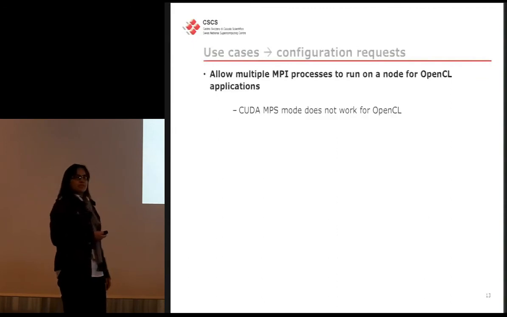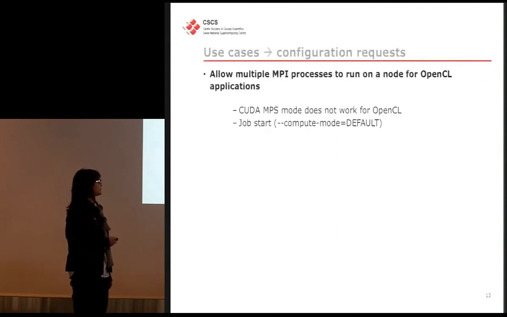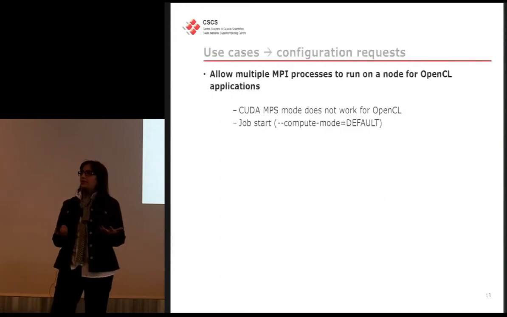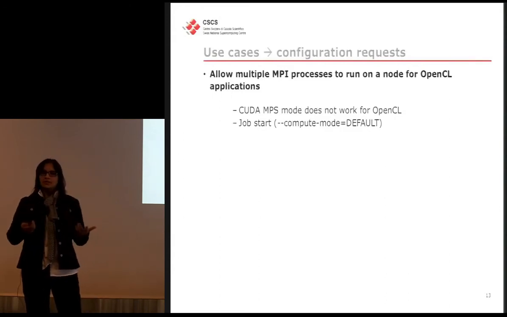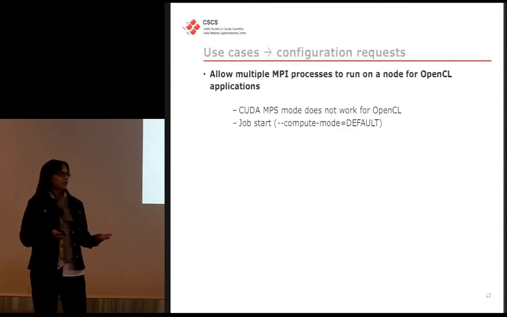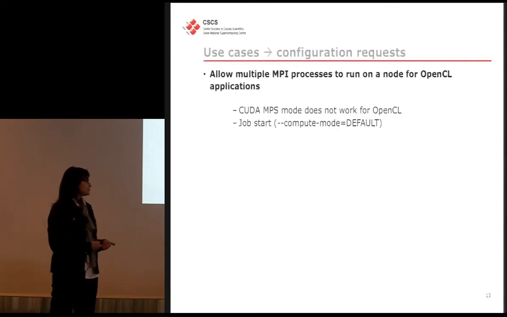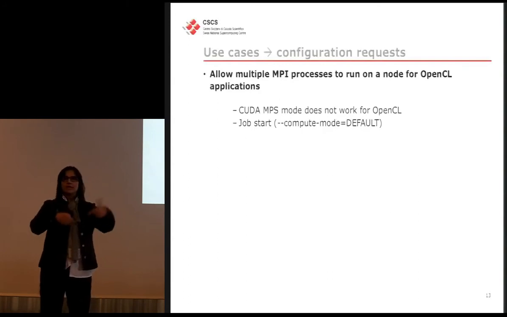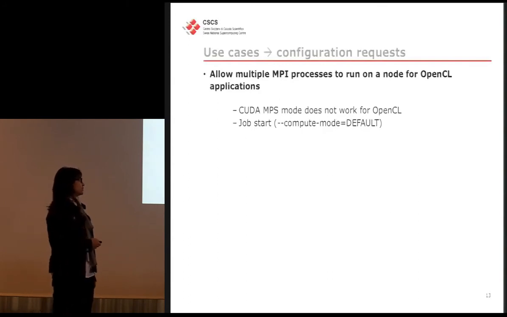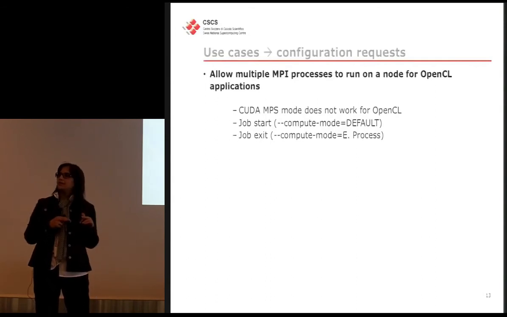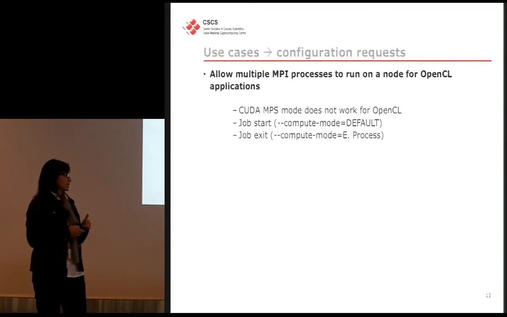But of course it works for CUDA, not for OpenCL. So we said, okay, we have to solve the problem in such a way that when the user starts their job on the node, it changes the mode from exclusive process to default, meaning that multiple MPIs can talk to the GPU. And when the job gets out, it changes back to the default mode, which is exclusive process.